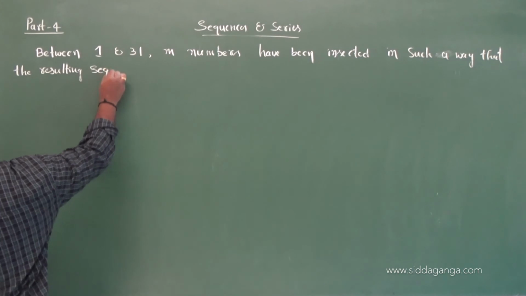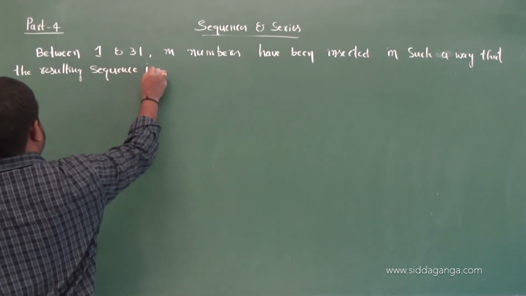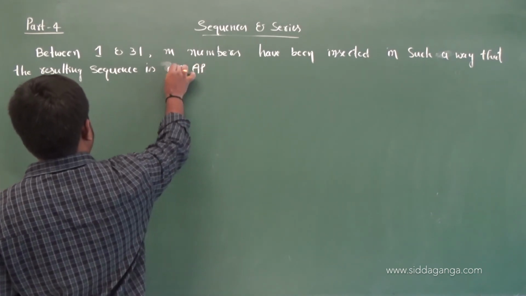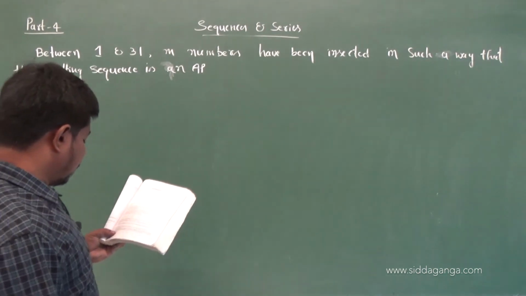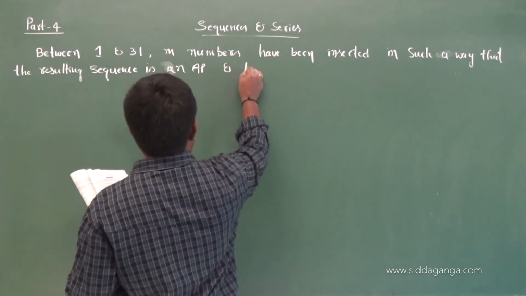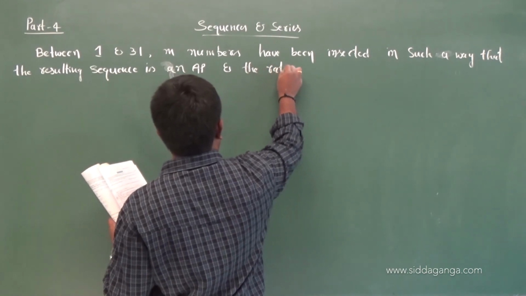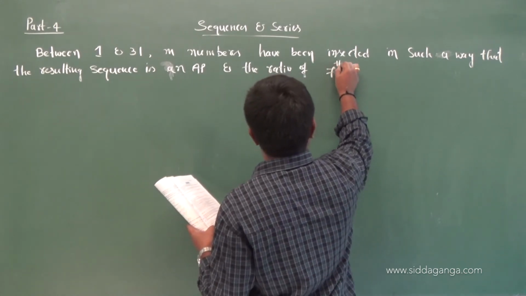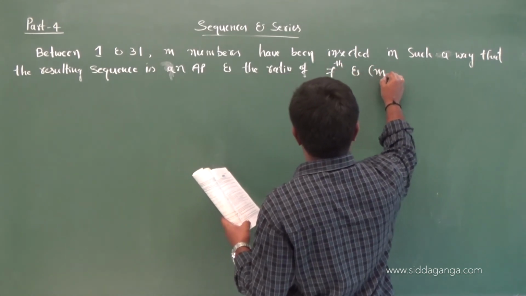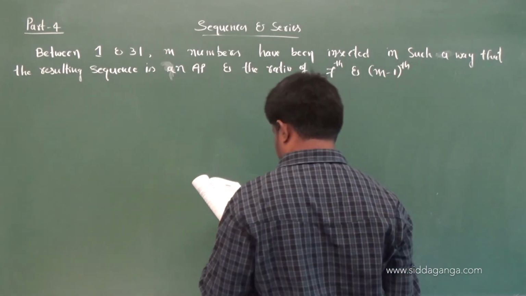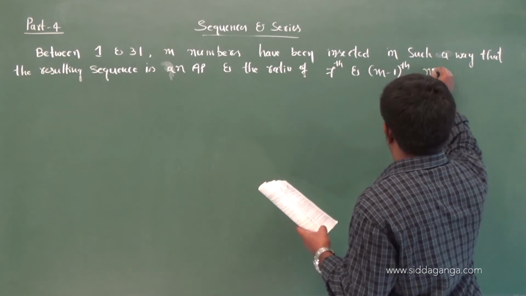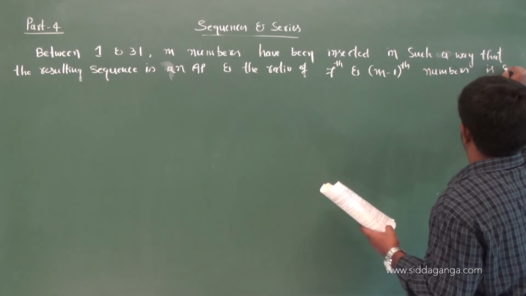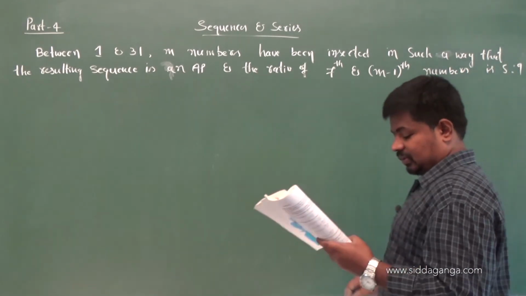And the ratio of the seventh and m minus 1th terms is 5:9. Find the value of m.